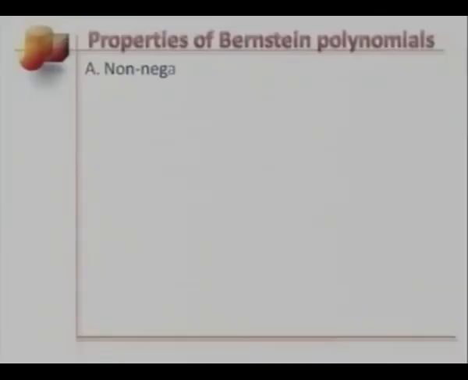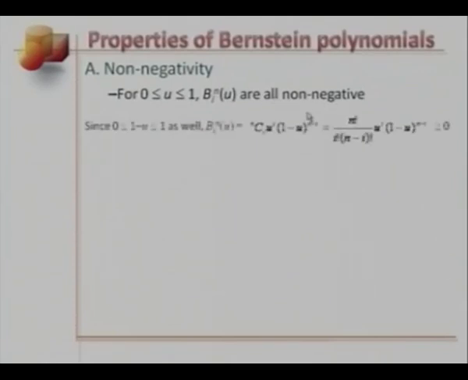Let's now discuss some properties of Bernstein polynomials. First one, non-negativity. For parameter values between 0 and 1, all Bernstein polynomials, capital B sub i super n, are non-negative. Well, we know that Bernstein polynomials are given by n combination i times u raised to i times 1 minus u raised to n minus i.